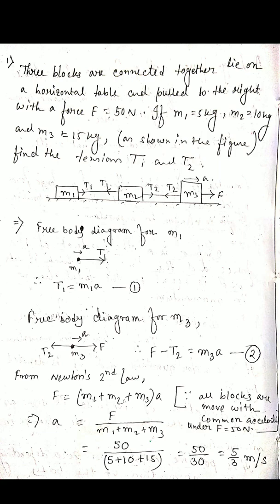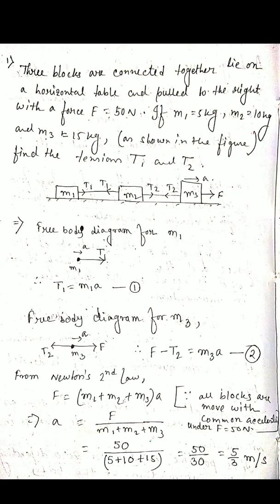You can draw the diagram for M2 too, but there is no external force there, so I will not draw it. Now the free body diagram for M3. On M3, the 50 Newton force acts in the right direction, and the other force is T2.